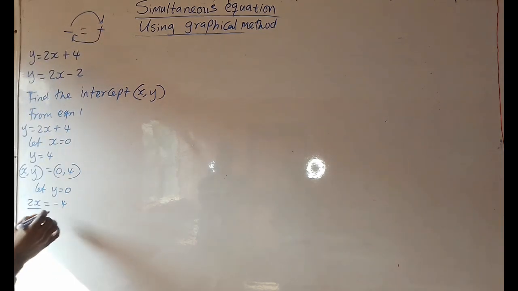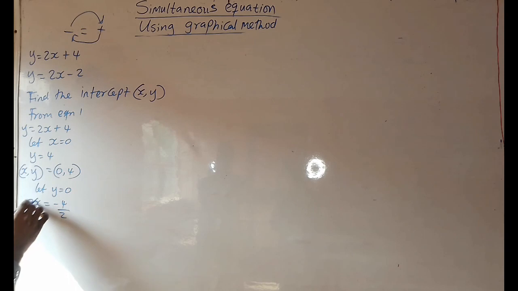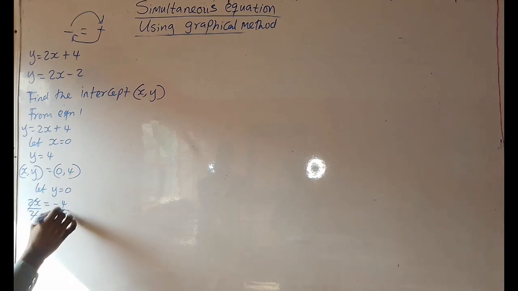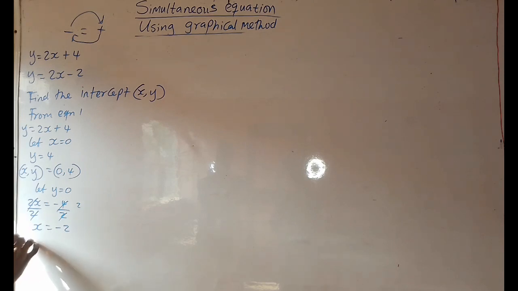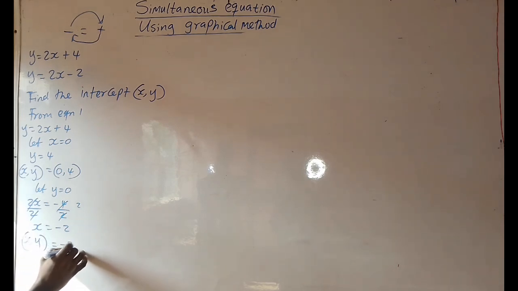So that's why we have minus 4. We divide both sides by 2, so my x is minus 2. Therefore, my x, y equals minus 2, 0. That's for equation 1.